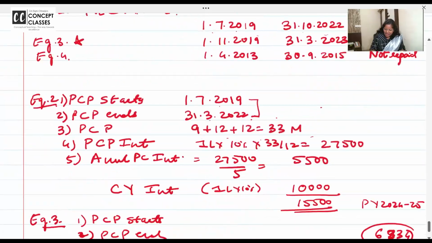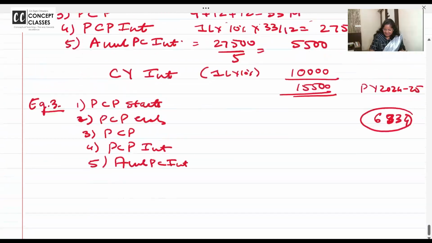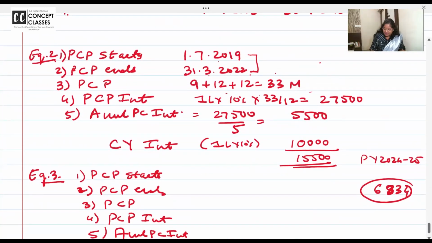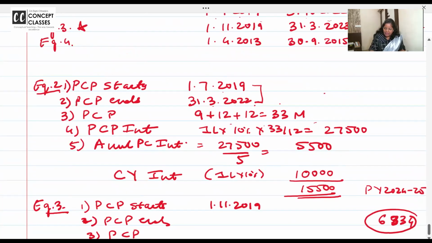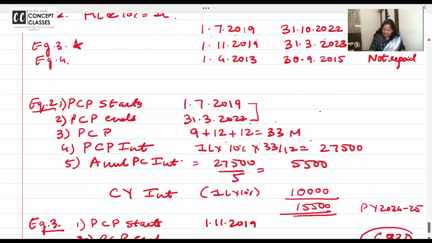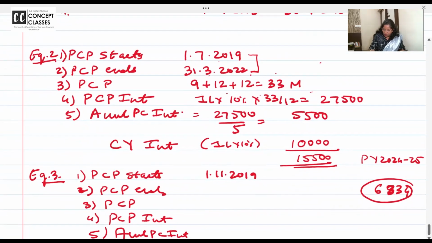Pre-construction period starts on 1/11/2019. Okay. Pre-construction period ends on 31st March 23, the day construction is completed, or repayment of loan.